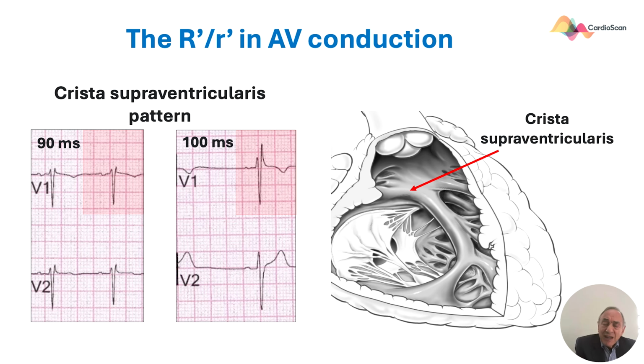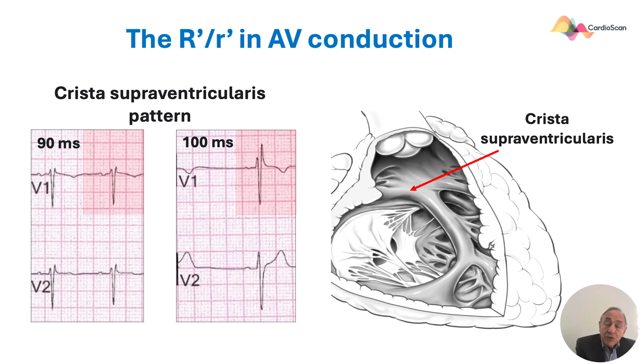The crista supraventricularis is a band of muscle that separates the mid-right ventricle from the outflow tract. It is on the roof of the tricuspid valve. It helps support the valve, and it also helps direct blood flow from the body of the right ventricle through to the outflow tract and out the pulmonary valve.